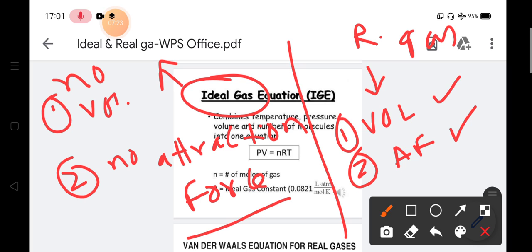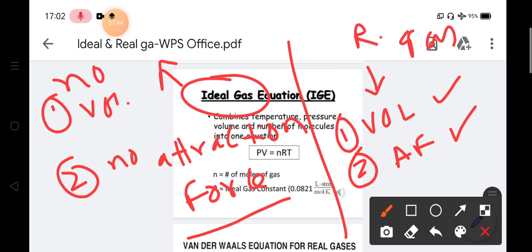But if we would like to convert the ideal gas equation into the real gas equation, then we need two terms. In the case of ideal gas there is no volume, so no volume term is needed, but in the case of real gas there will be a volume, so a volume term will be needed.